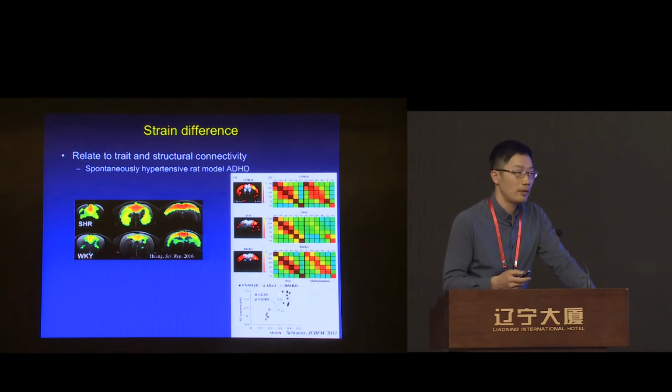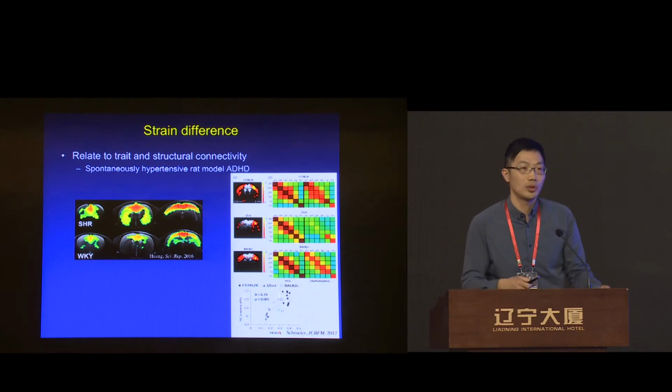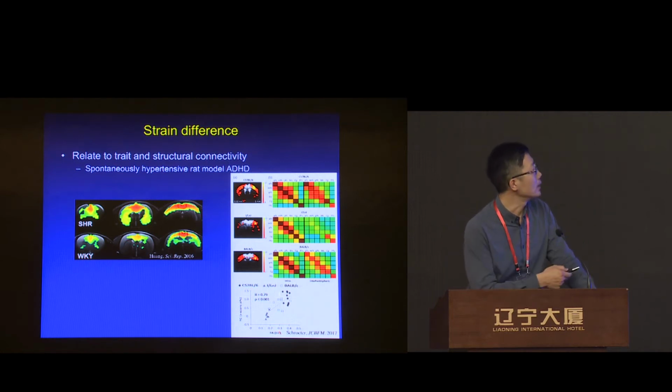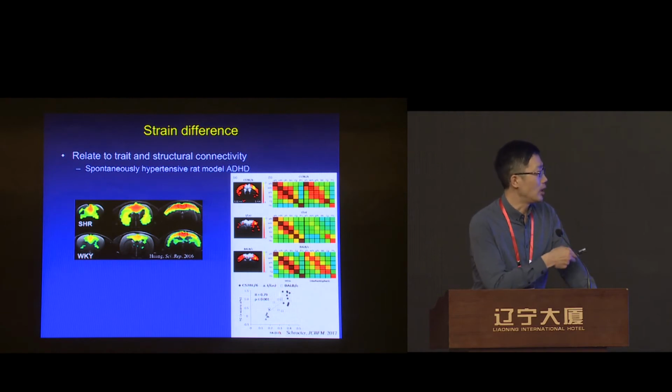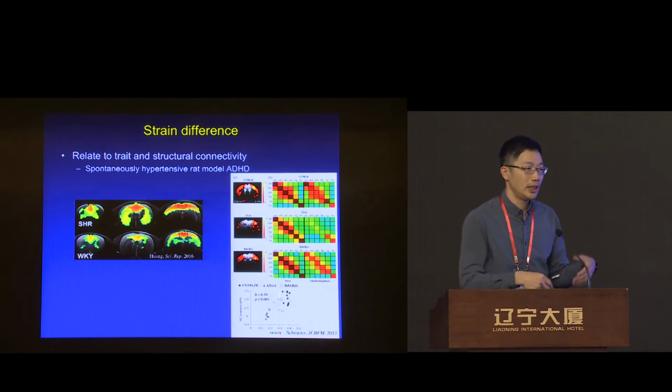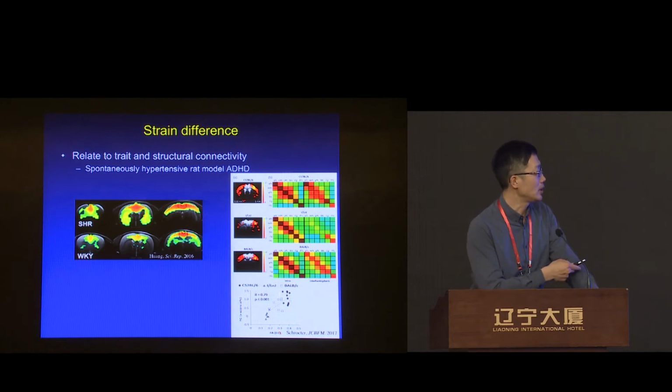People have also shown that functional connectivity can reveal strength differences. This example is the spontaneously hypertensive rat. They are from the Wistar rat background, but they develop hypertension spontaneously.